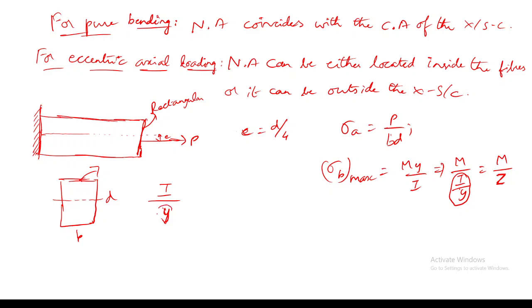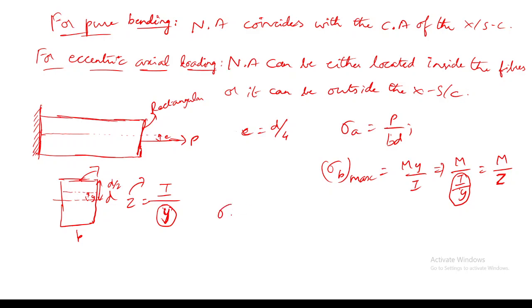Only when you put the value of y as the distance of the far away fiber from the neutral axis, then only it is termed as section modulus. For example, if I take y distance to be here, then I can't say this is the section modulus of this entire cross section. Only when I take the value of y as D by 2 can I term this the section modulus, okay?